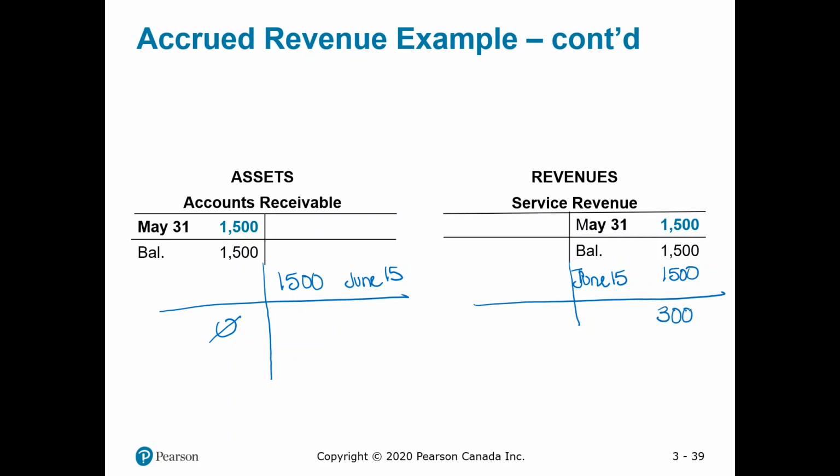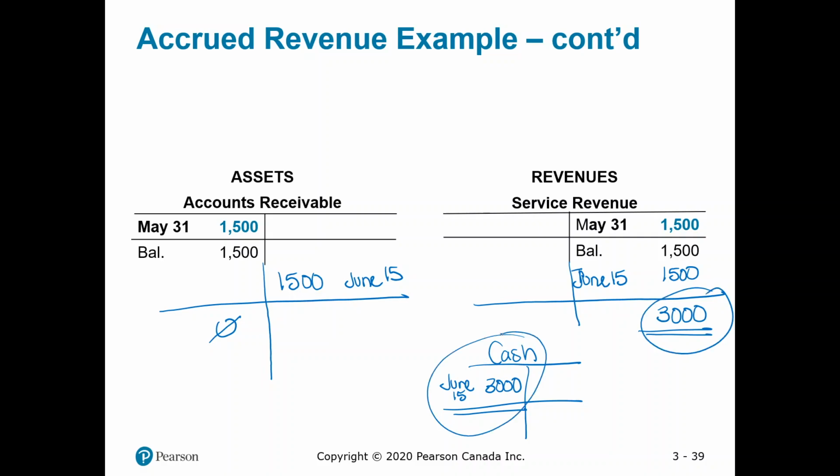So our balance gets to $3,000. And we would also have a T account now for cash. So on June 15th, we recorded that full amount of cash. So our ending balances ends up with us having full recognized revenue and this full amount of cash and nothing left to still be received.